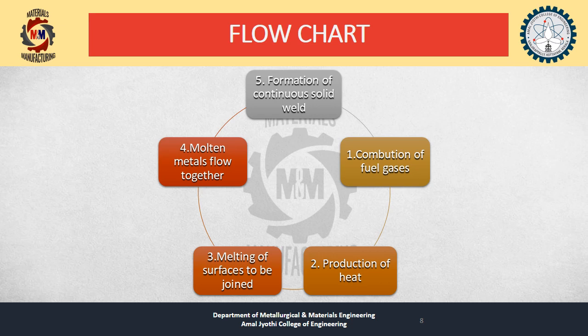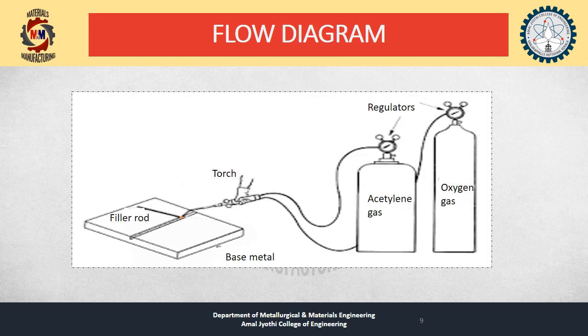Then it leads to the production of a large amount of heat, and this leads to the melting of surfaces to be joined, that is, the melting of parent metals. Then the molten metals flow together. After cooling, it leads to the formation of a continuous solid weld.